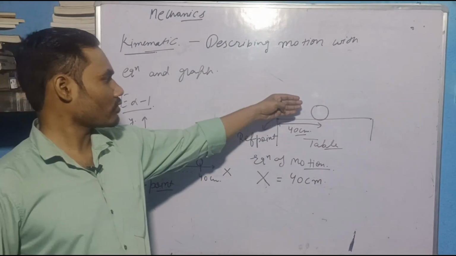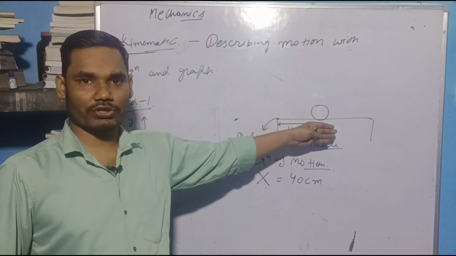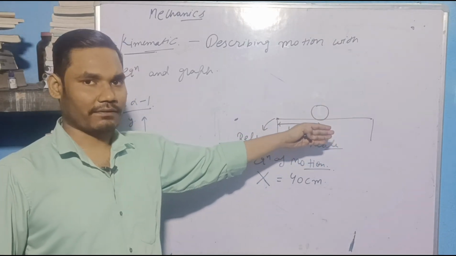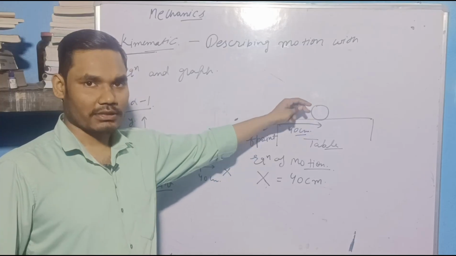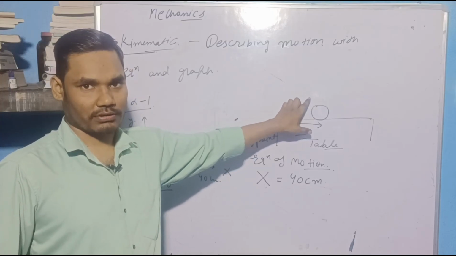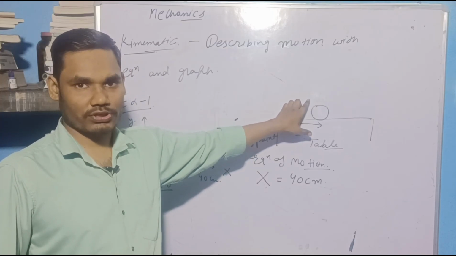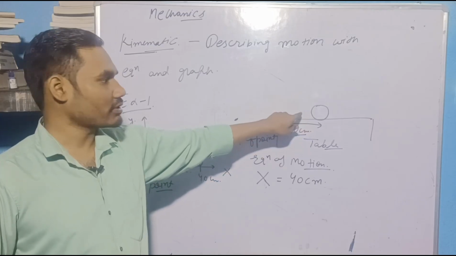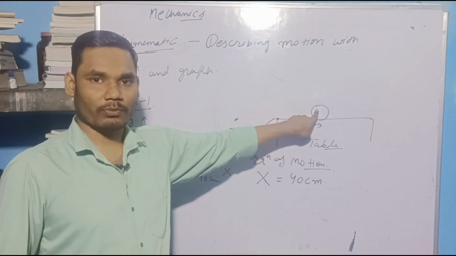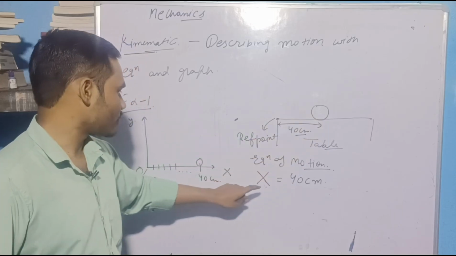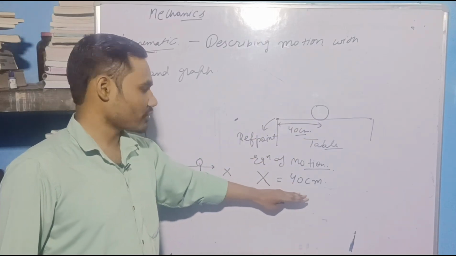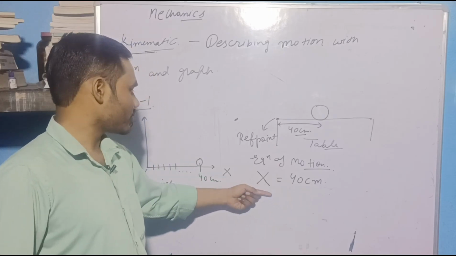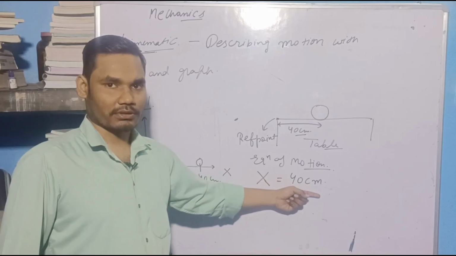Since it is not moving, it is not changing its position with time. After 2 or 3 seconds, when we see this ball again, it will not change its position. So the position of this ball doesn't depend upon time. Here you can see that in this equation of motion, the position is 40 centimeter.